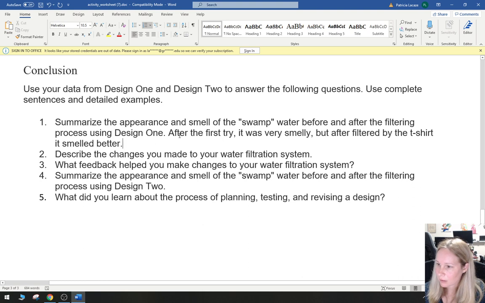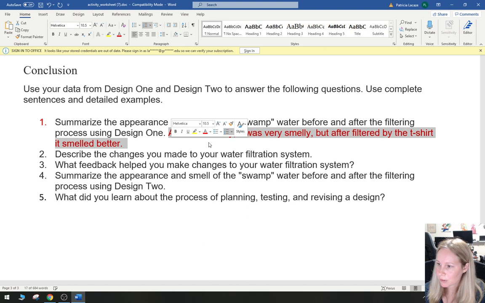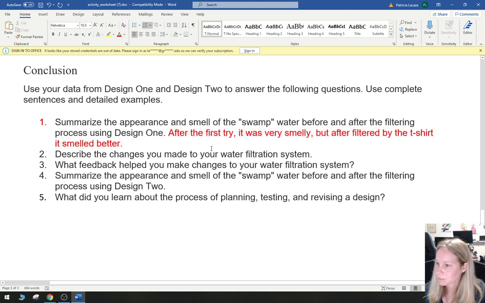Alright, let me get that red for you so you guys can see it. I don't know why I did that. Whatever. Describe the changes you made to your water filtration system.